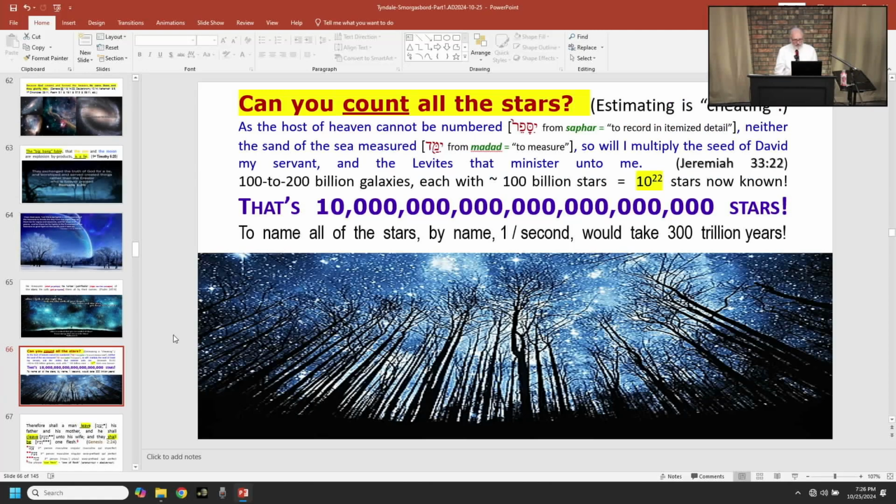If we were to count all the stars, and Jeremiah says the host of heaven cannot be numbered, specifically the verb he uses is a form of safar. So the idea is you can't itemize in detail. We humans do not have the ability to record in itemized detail the host of the heavens. It's just too far for our brains. And same would be true of the details of the sand of the sea.